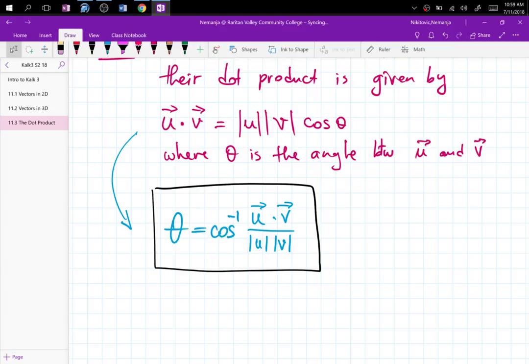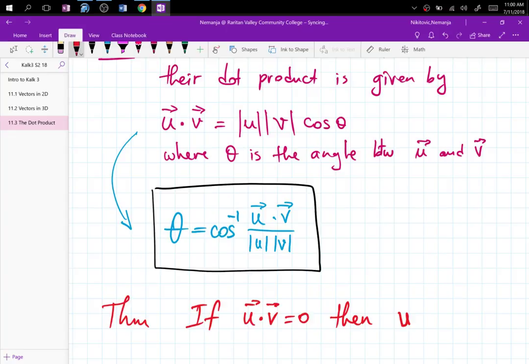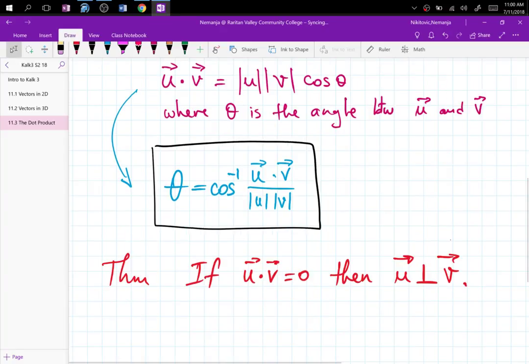That means one of the famous theorems: if u dot v is equal to 0, then vector u is perpendicular to vector v. So two vectors are perpendicular. We say perpendicular for 2D, and orthogonal for any of the higher dimensions. They're perpendicular, 90 degrees between them.